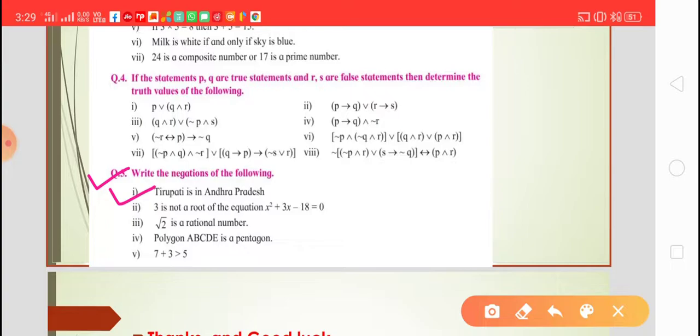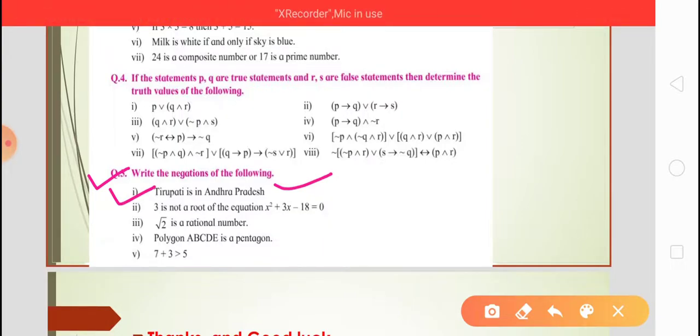Is not given here or not? There is no not. So we just put not in this statement and write the negation: Tirupati is not in Andhra Pradesh. Understand? If the given statement contains not, then remove the not, and if it does not contain not, then put the not. That is the negation for a simple statement.